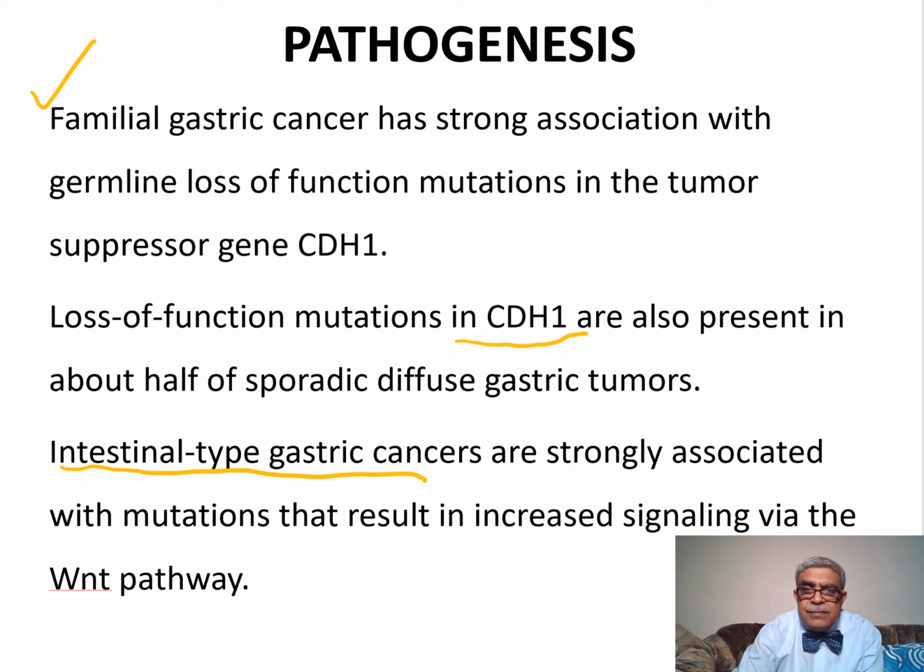Intestinal type gastric cancers are strongly associated with mutation that result in increasing signal via the Wnt pathway. So I repeat that intestinal type gastric cancers are strongly associated with mutations that result in increased signaling via the Wnt pathway. And in that, there is loss of function mutations in the APC tumor suppressor gene and gain of function mutations in the gene encoding beta catenin.